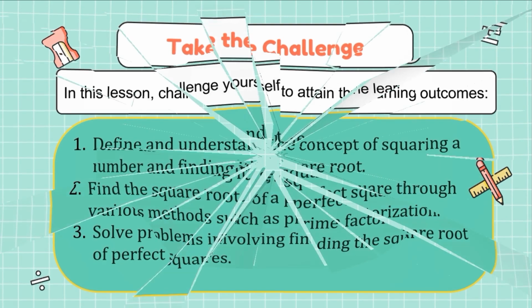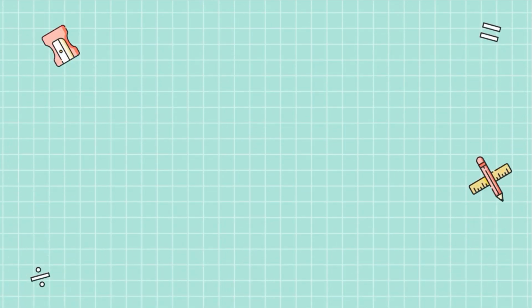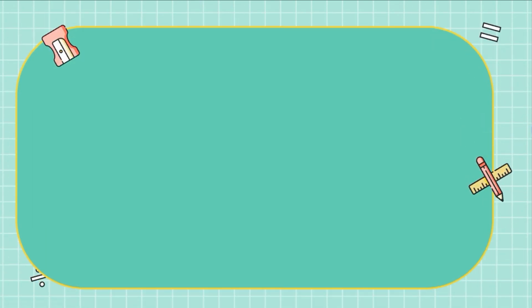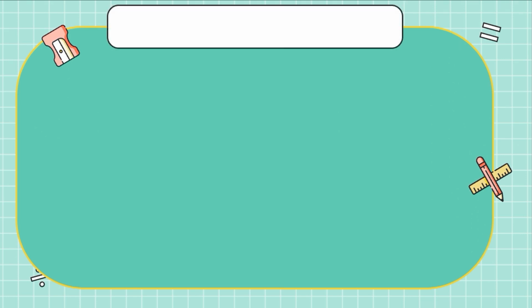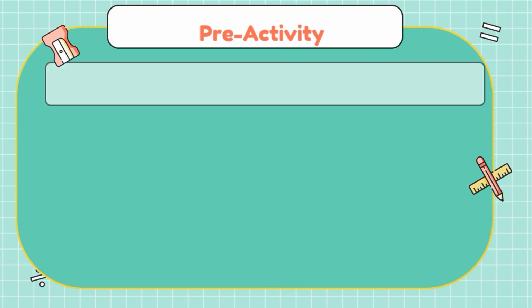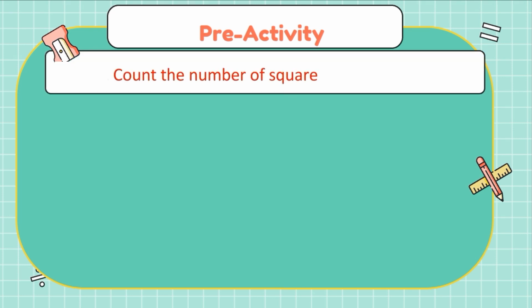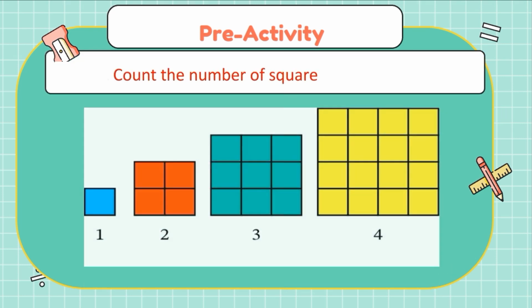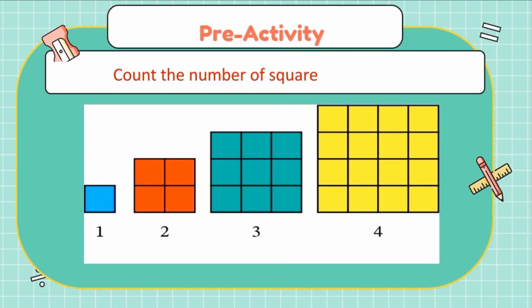But before we get started, let's take a moment for a pre-activity. Count the number of squares. I want you to count the number of squares that we have here. Take a look at the screen and count for number 1. How many squares do we have in number 1?